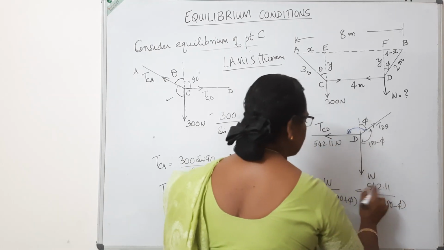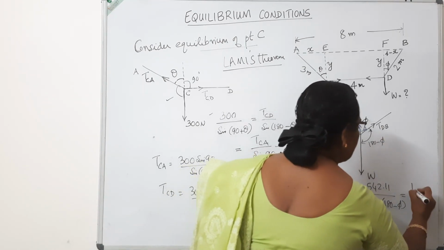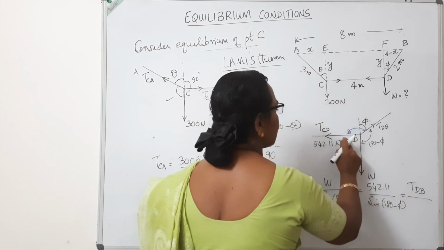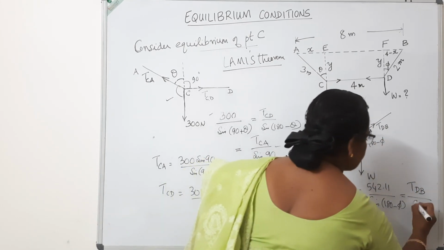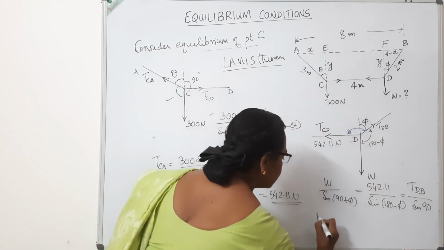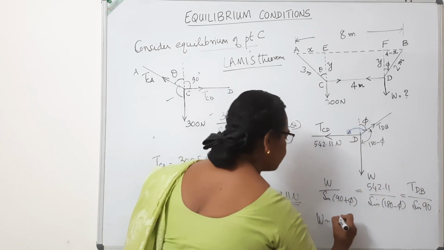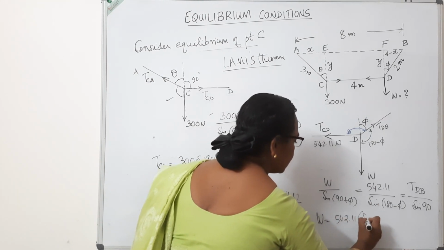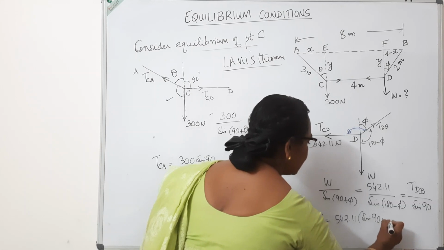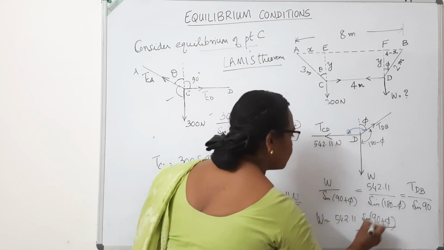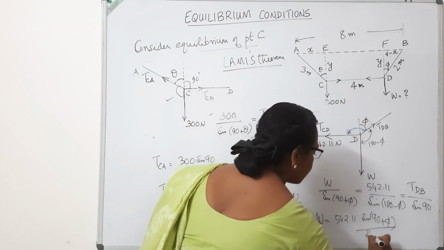Using these two equations, TDB divided by sine of the angle between the other two, that is sine 90. From this we can get W. W is equal to 542.11 into sine 90 plus 5 divided by sine 180 minus 5.